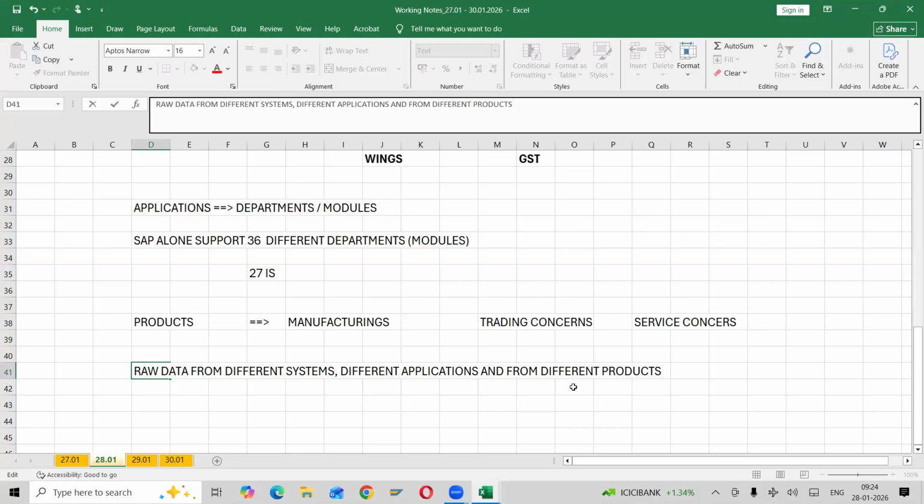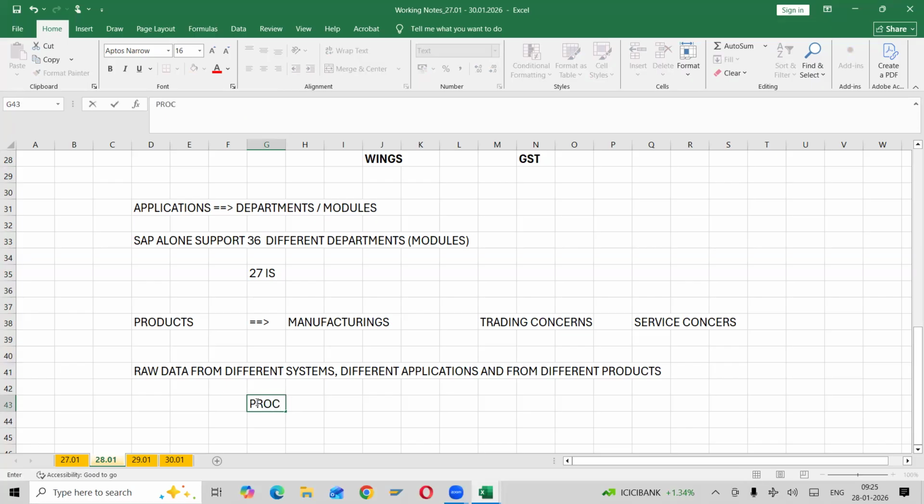It will take that raw data, process it, and provide the user-required information. Data is different, information is different. So what do you mean by information here? Any organization will look for reports.